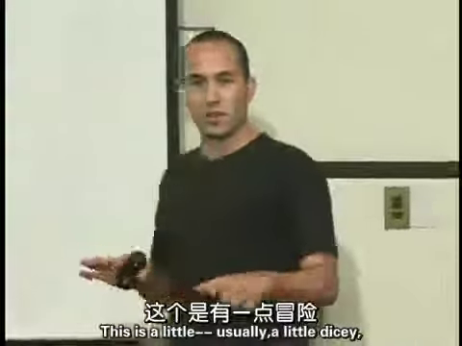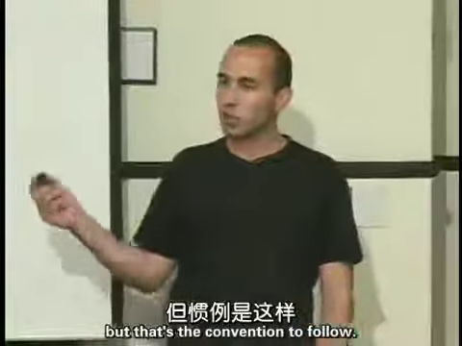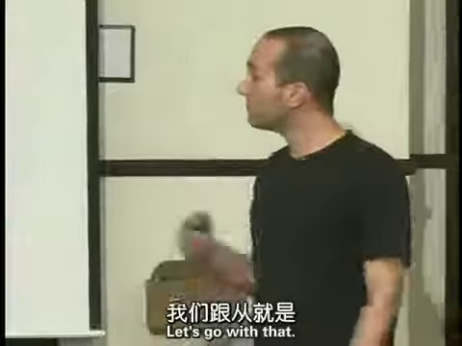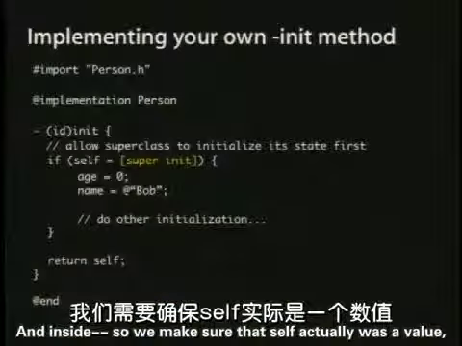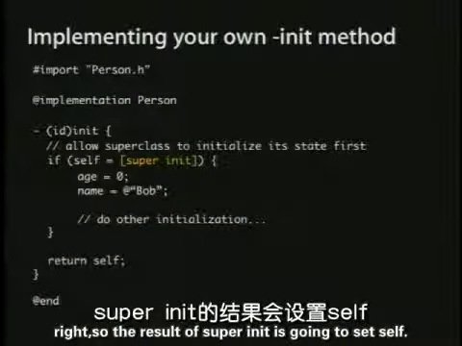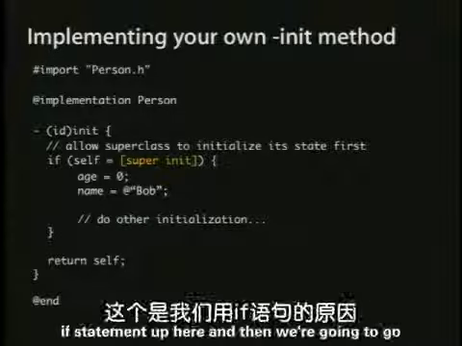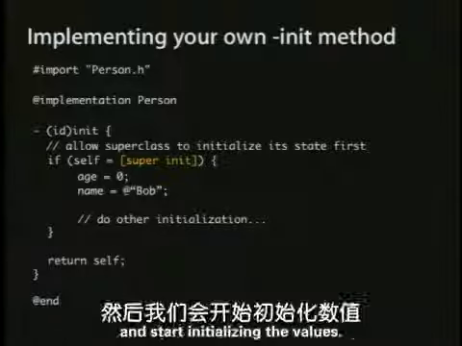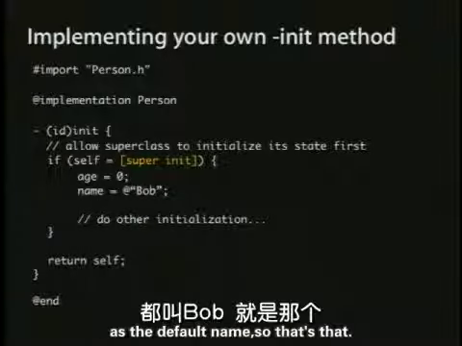There's rare cases where the init call may go find some other object and return that to you. I wouldn't worry about it in this class. We're not going to hit it. So just as a convention, we're always going to assign the result of super init to self, and that's what we're going to return down below. Does that make sense? This is usually a little dicey, but that's the convention to follow. Let's go with that.